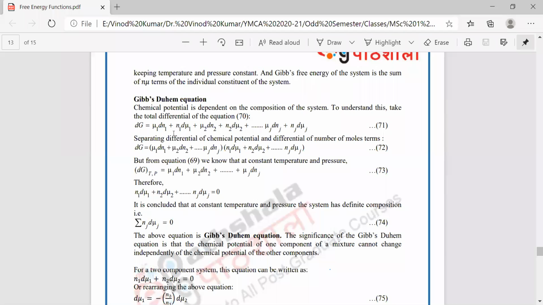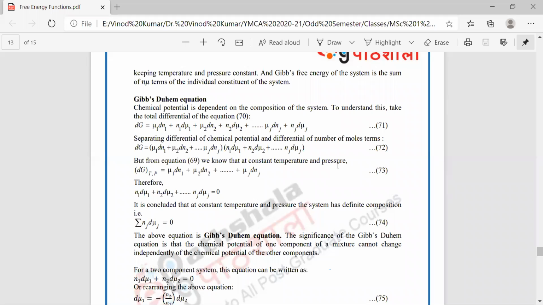Now if we separate differentials of chemical potential and differentials of number of moles, we have two types of terms. Half of these terms are differentials of chemical potential and half are differentials of number of moles. So dG will be equal to mu1 dn1 plus mu2 dn2 plus mu3 dn3 plus mu4 dn4 up to mu j dnj.